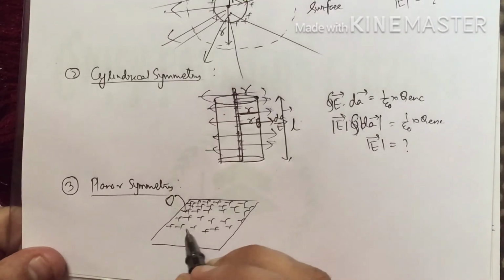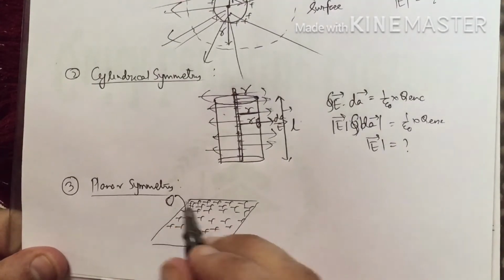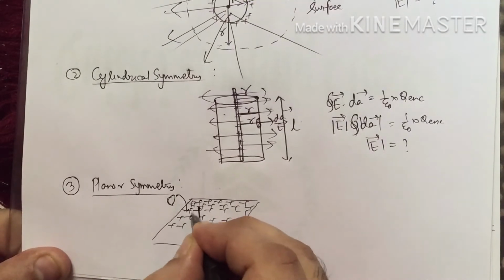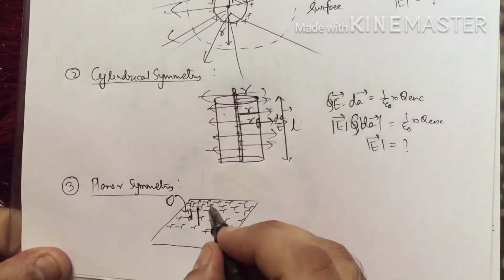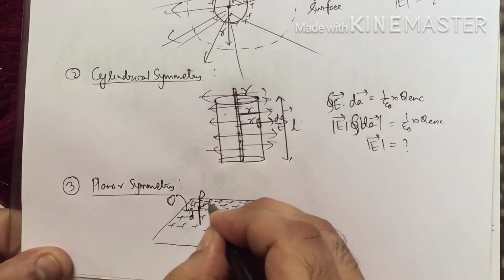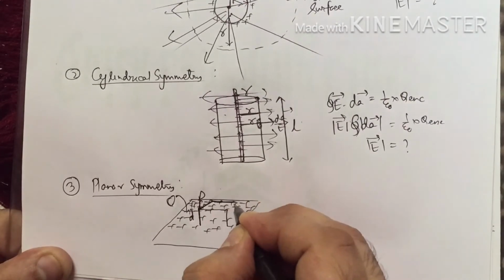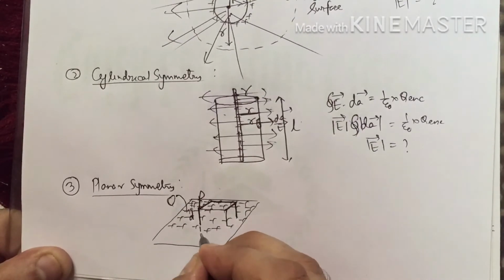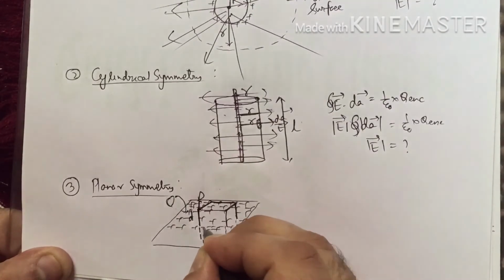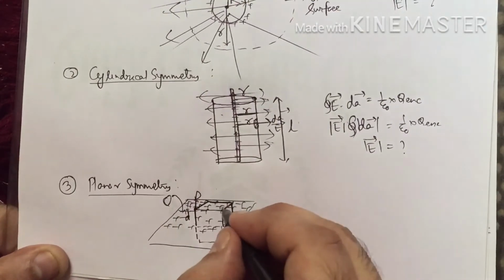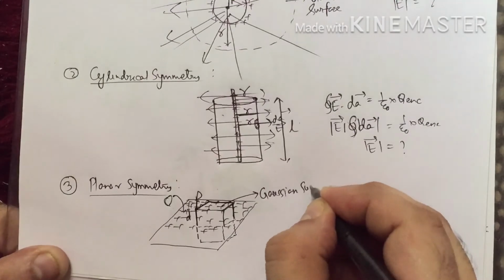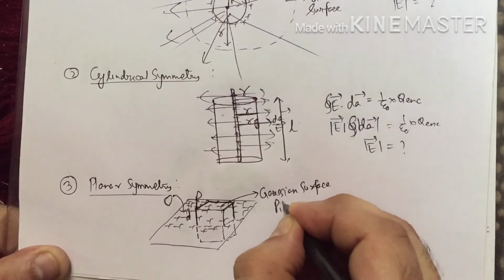Now the only possible Gaussian surface in case of planar symmetry is this: let us suppose at any point P, which is d distance from the sheet, we have to calculate the electric field. So we can always draw a Gaussian surface, which is called a pillbox.